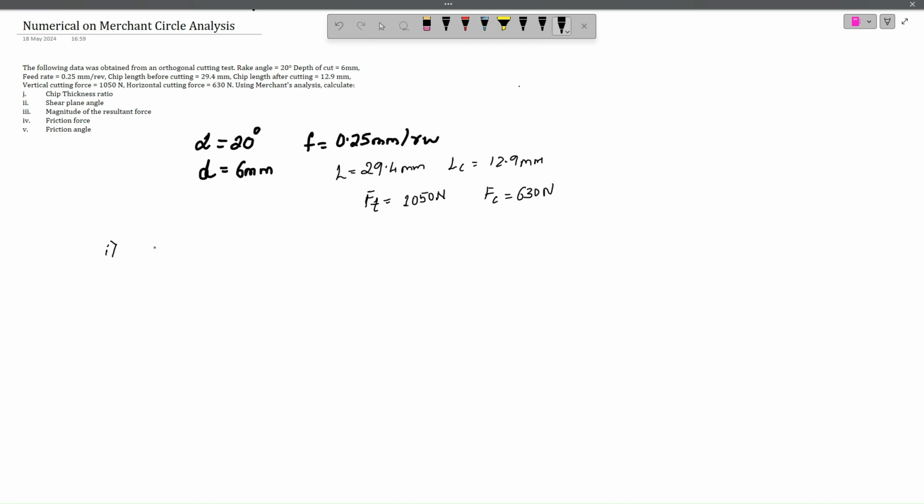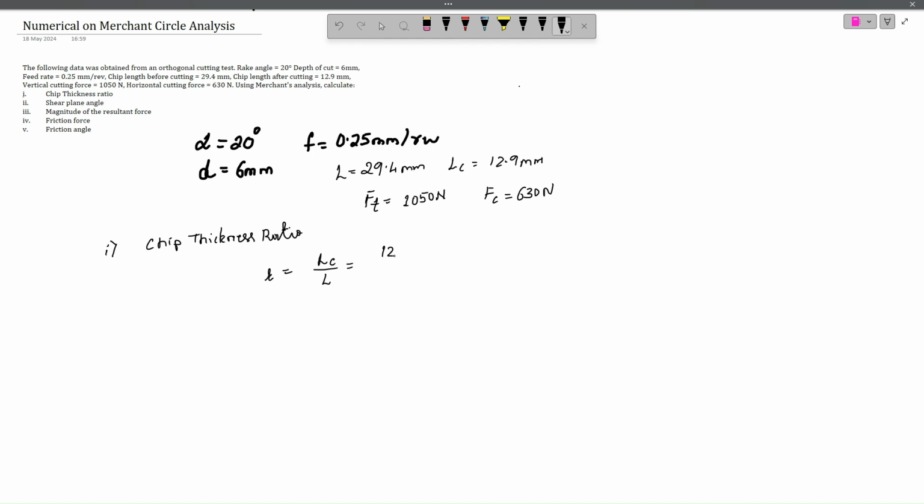First, let us calculate the chip thickness ratio. We know that the chip thickness ratio r is given in terms of the length of the chip as the ratio of Lc by L, where Lc is the length of the chip after cutting and L is the length of the chip before cutting.